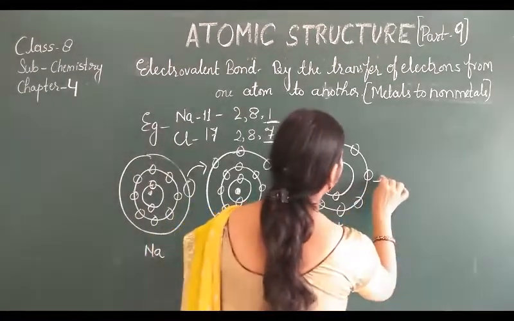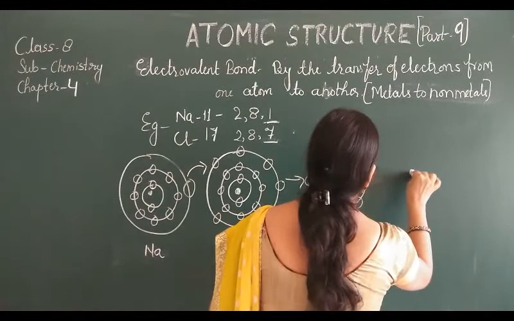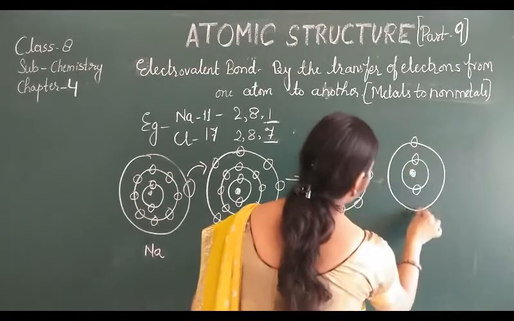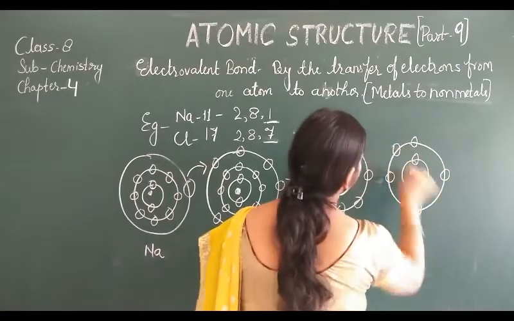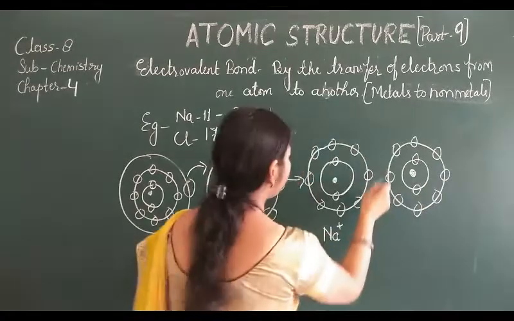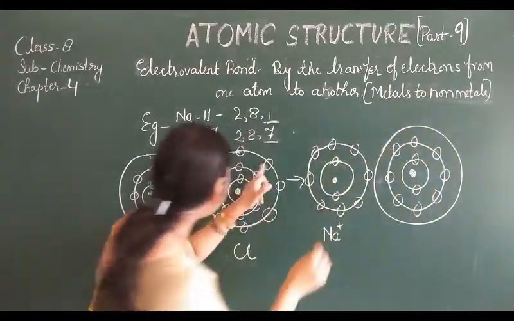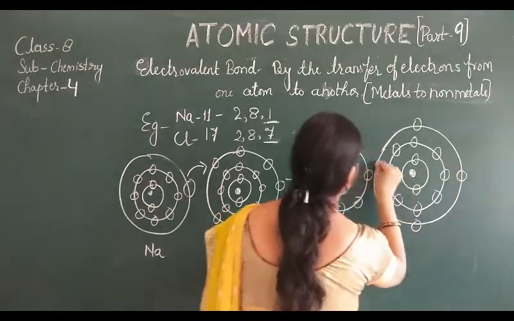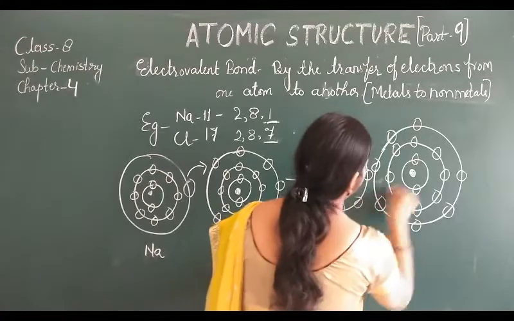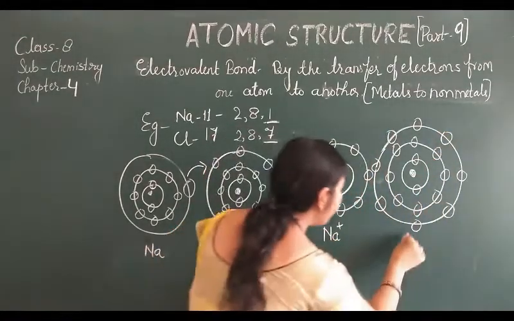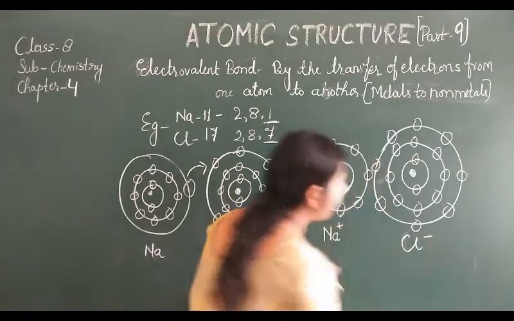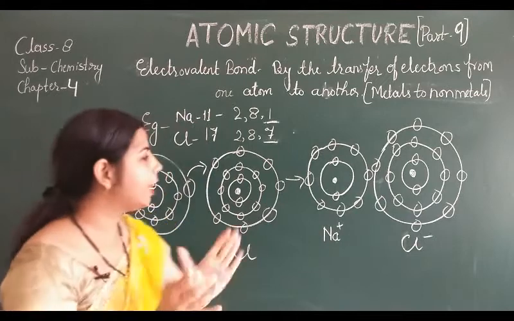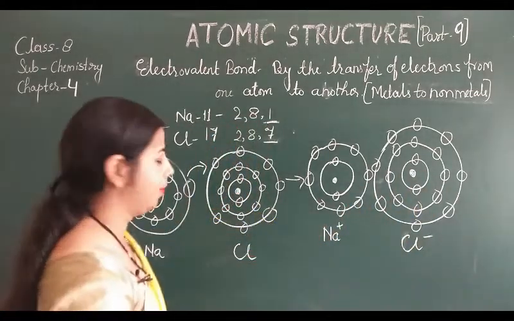In chlorine, the first shell has 2 electrons, the second shell has 8 electrons, and the last shell, which had 7 electrons, now has 8 electrons. It takes the electron, that's why it becomes negatively charged. In this way they form stability by forming the molecule.